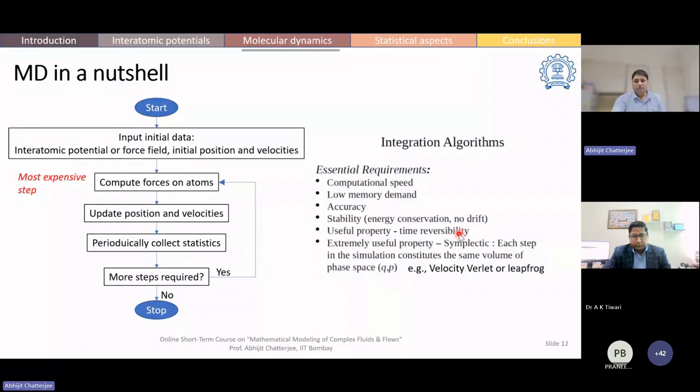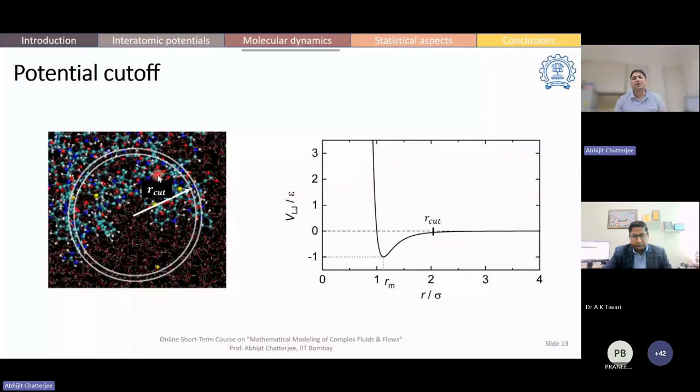Now, as I said, the most expensive step in MD is computing the forces on atoms, and so a lot of emphasis has been given on how to do the force calculations less expensively. Typically what happens with molecules is, if there's a molecule right at the center here and I were to consider nearby molecules, I would imagine that there will be some interaction present.